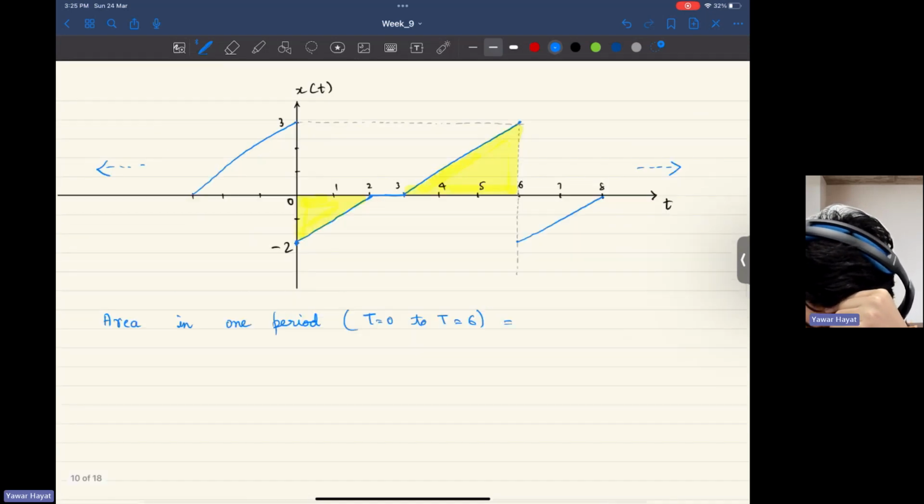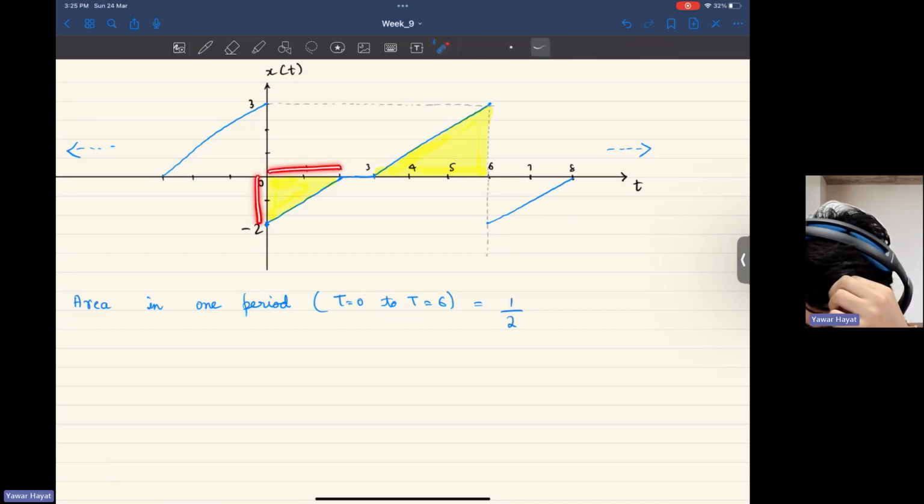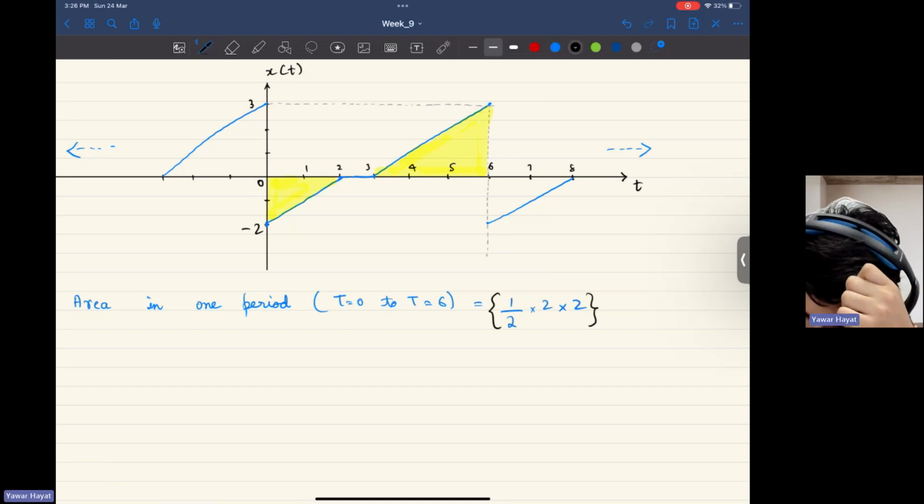That is equal to... These are two triangles. These are two, in fact, right triangles. So half of base times height, right? 2 times 2. This would be the area of the first triangle.